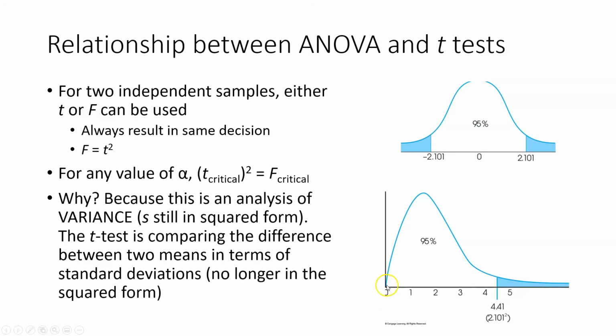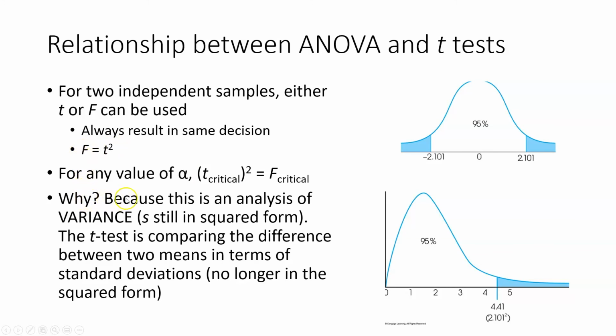There is no such thing as a negative F value. So for any value of alpha, the t critical squared is also going to be equal to the F critical. So whatever your computed statistic is and whatever your critical statistic is, they're always going to be closely related to each other in that the t squared is equal to the F.